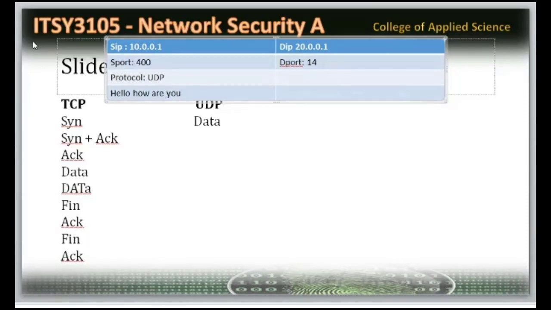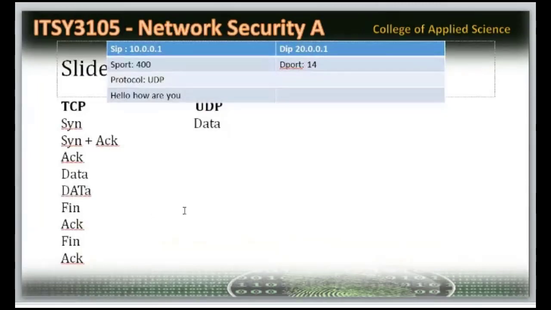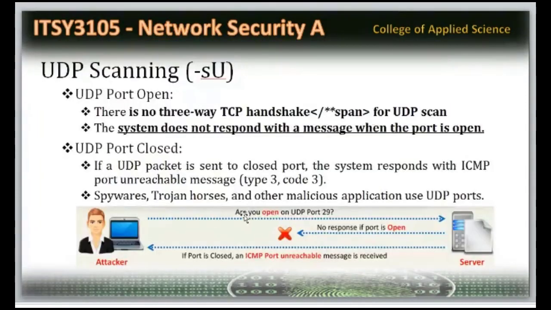Now you can see here, the same concepts are used. So what does that mean? I'm sending a message, "hello, how are you?", which really means "are you open?", on port number 29. The message is going, and there is no response from this machine.